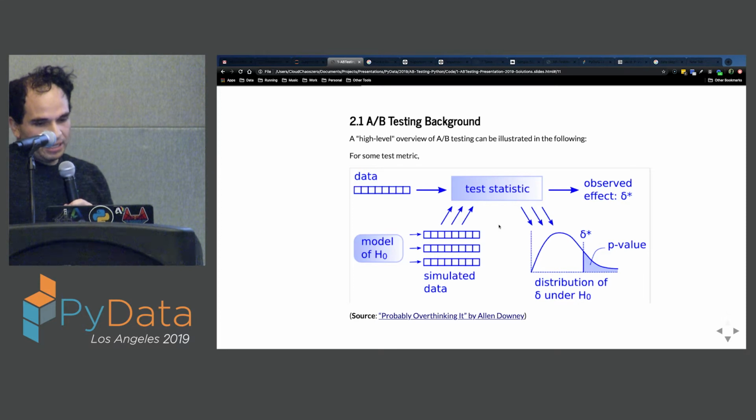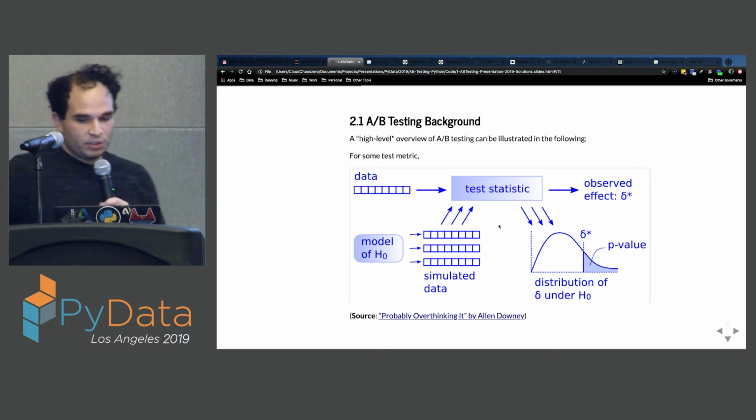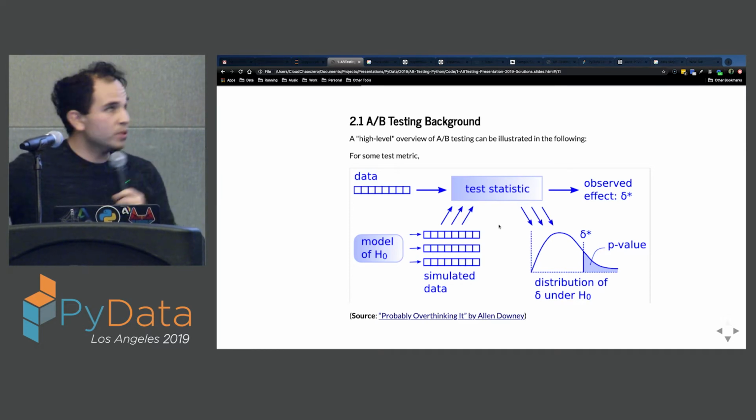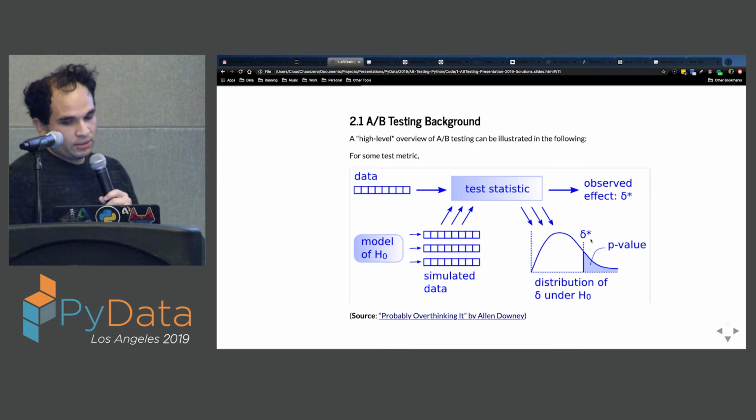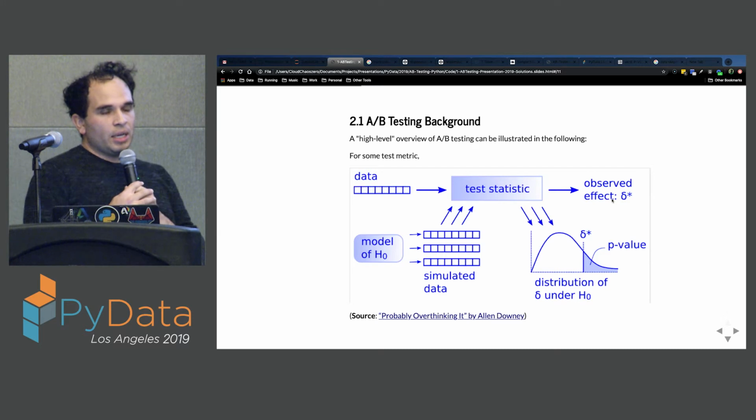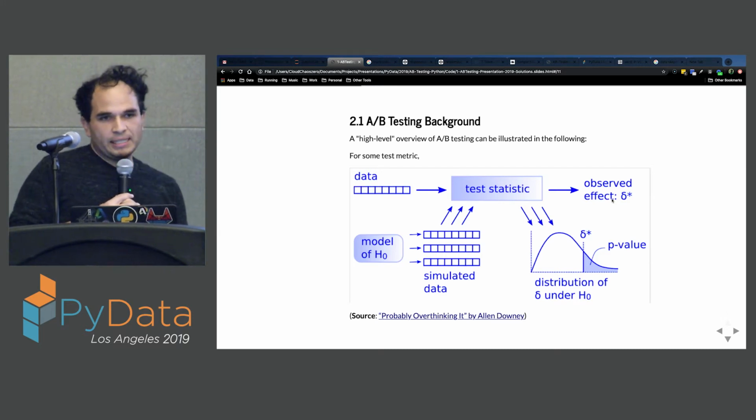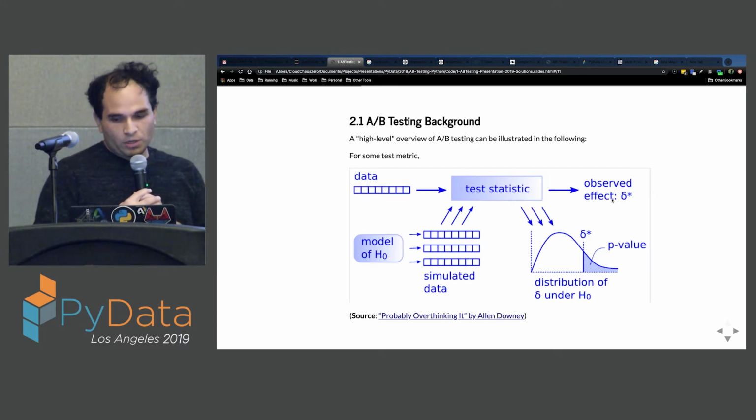We have data from that, and then with the comparison of these two datasets, we do a calculation through a test statistic, and then through some threshold or the observed effect, this delta star value, we determine and compare the test statistic calculation and that threshold in determining if the comparison between these two groups is statistically significant or not.